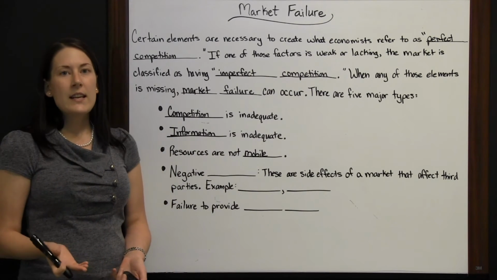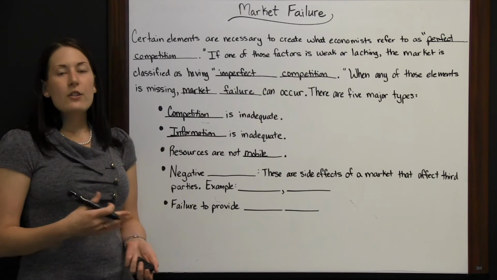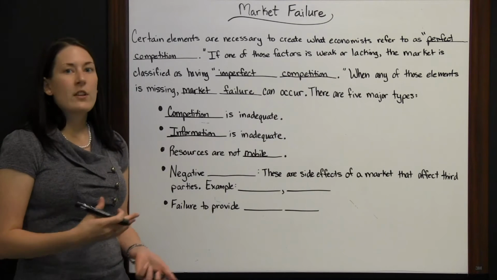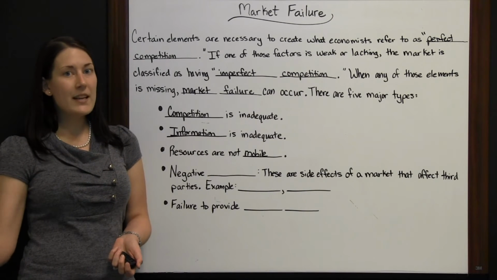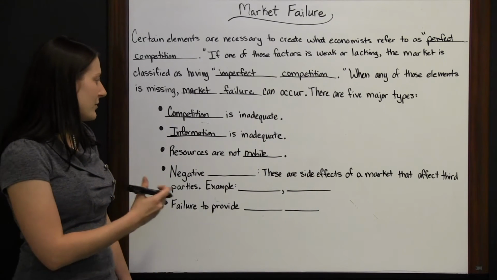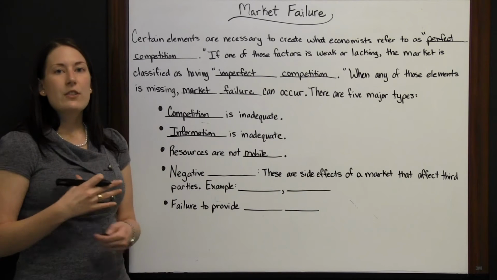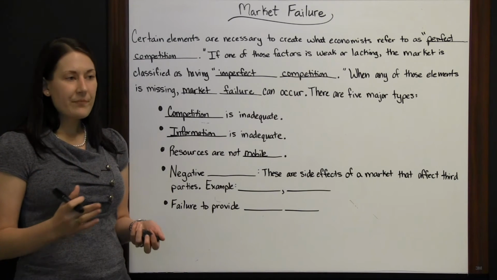Another resource that could be mobile, but a lot of times isn't, is people, your labor force. If you've got people that are willing to work for you here, but they're not willing to travel and work for you in another place, that resource of human labor is not mobile. So having resources that are mobile, if you're selling goods and products that can be shipped, is going to be a good thing.